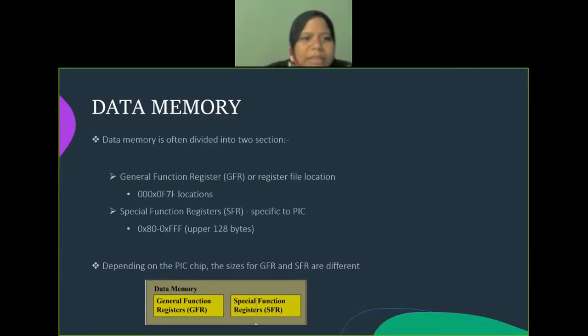For data memory, it is often divided into two sections, which are the general function register, GFR, or register file location, and the other one is the special function register, SFR. Special is specific to PIC. The location of GFR is 000 to 0xF7F.